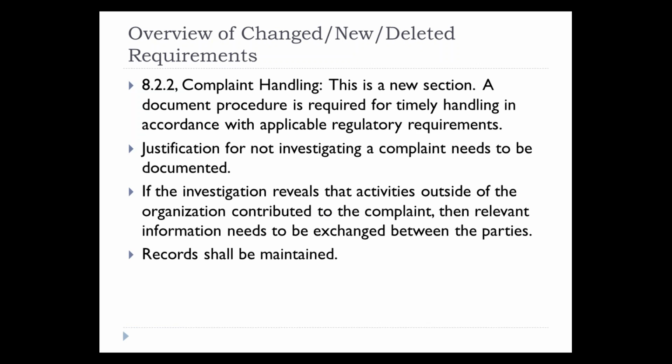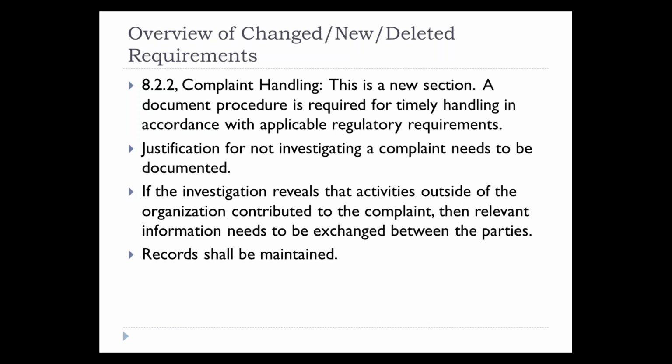8.2.2 is a brand new section on complaint handling. First, a documented procedure is required for the timely handling of complaints in accordance with applicable regulatory requirements. So you need to be sure you're meeting regulatory requirements as well as those defined in 13485:2016.